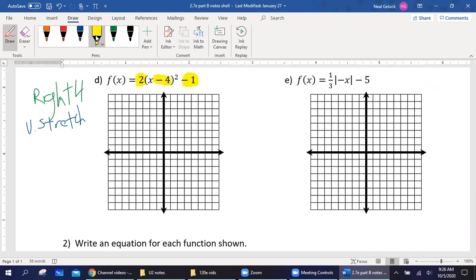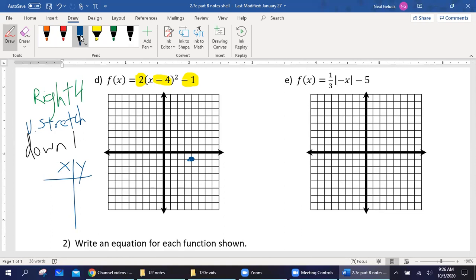And then the minus 1 on the outside, that's going to move it down 1. So I do know where my vertex is, right 4 and down 1. So I can put a point there, right 4 and down 1. Now, the reason I like to know where that is, that's kind of my starting point. I want to pick x's on either side of that starting point.